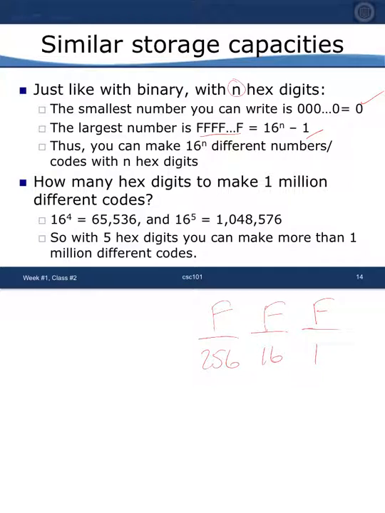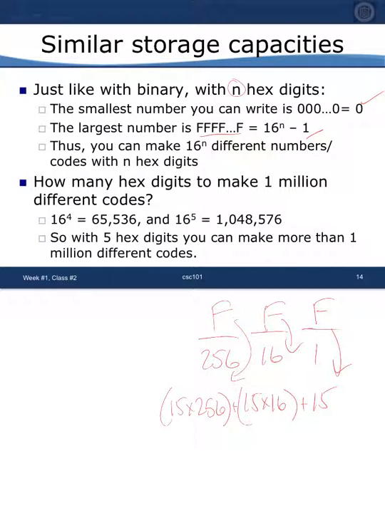Okay? So even in our numerical example down here, how much is my FFF number worth? Well, the first F is worth 15. Remember, F is 15. This F is worth 15 times 16. And this F is worth 15 times 256.